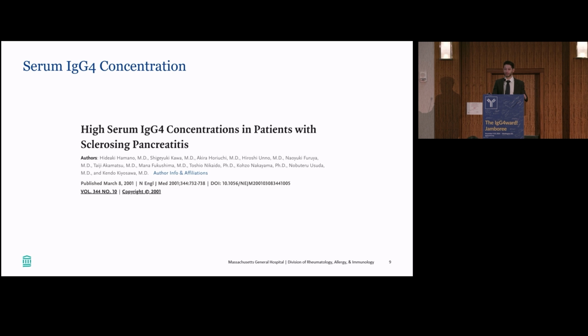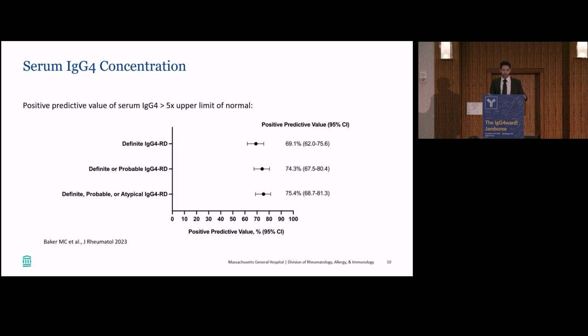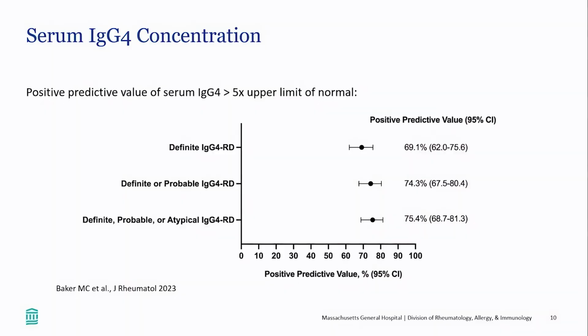But what about people who have really high serum IgG4 concentrations? How good of a diagnostic test is that? Well, that's been looked at. And this is a study that looked at patients who had serum IgG4 concentrations above 5 times the upper limit of normal, which we consider to be very high and is what gives someone the most points that they can get in the classification criteria from serum IgG4.